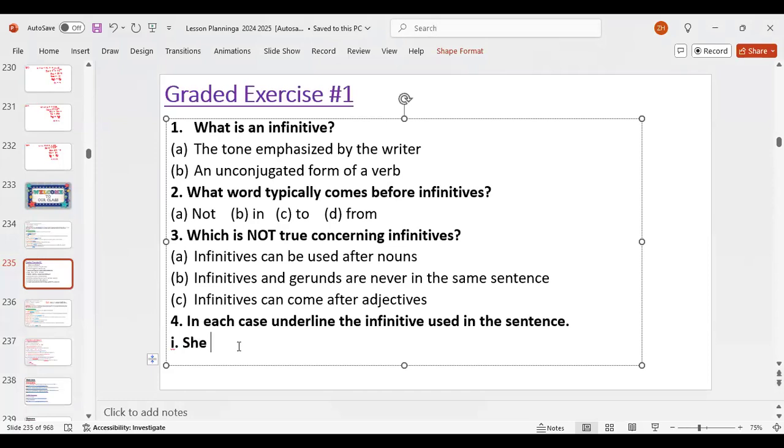She decided to embark on a journey of self-discovery. So for number 4, you're not selecting the correct answer. For number 4, you are underlining the infinitive.